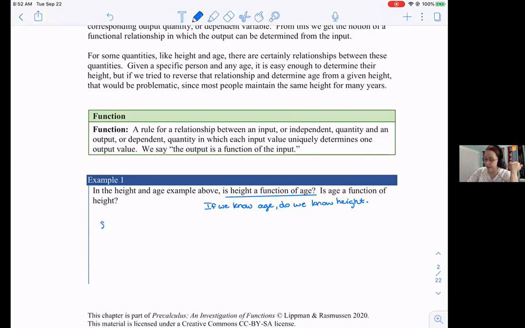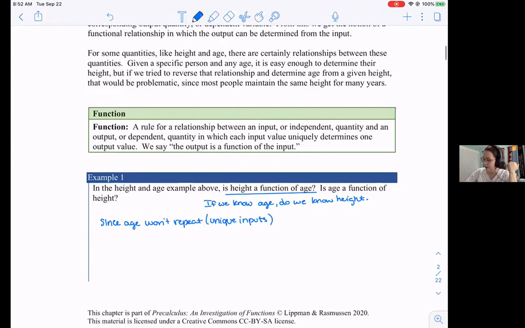So since age never repeats, I have unique inputs here. Height is a function of age. Because if I know my age, I know my height.